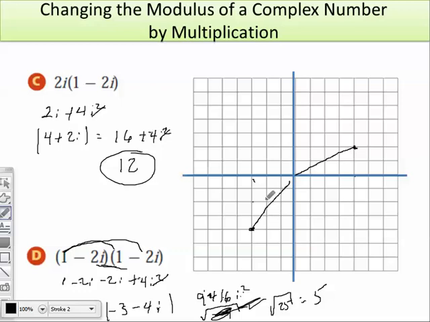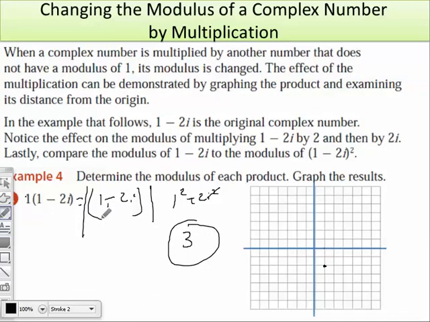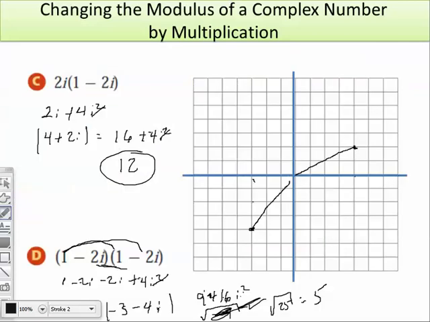So look at these moduluses. Is there any way that you could justify that if 1 minus 2i has a modulus of 3, and I square that, multiply it times itself, I get 5? That doesn't make a whole lot of sense. You can't say that 3 times 3 is 5.